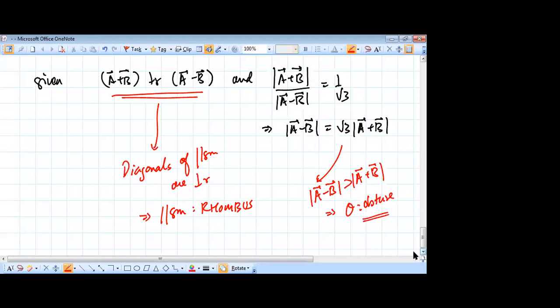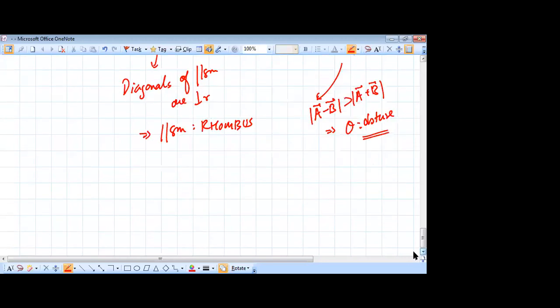So now let's try and visualize how the parallelogram must be looking. It must be something like this. Theta must be obtuse. So the secondary diagonal is the longer one. The primary diagonal will be the shorter one.